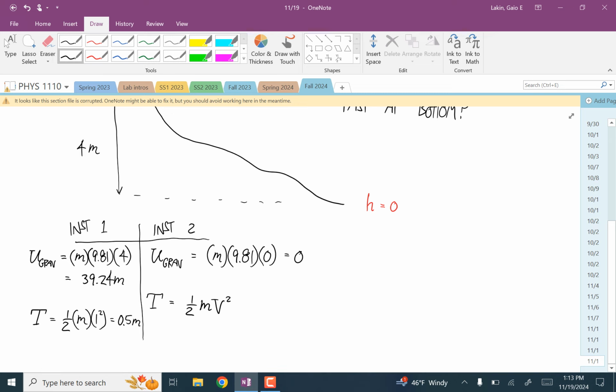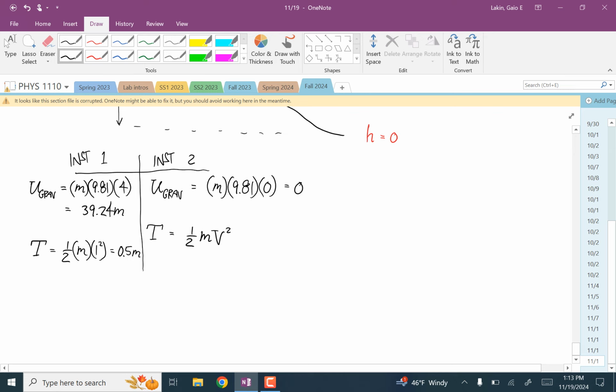So add up all the stuff in the first column: 39.24 m plus 0.5 m is equal to 1/2 mv squared. On the left side, both of these have an m, so we can add those together. So this is 39.74 m is equal to 1/2 mv squared.